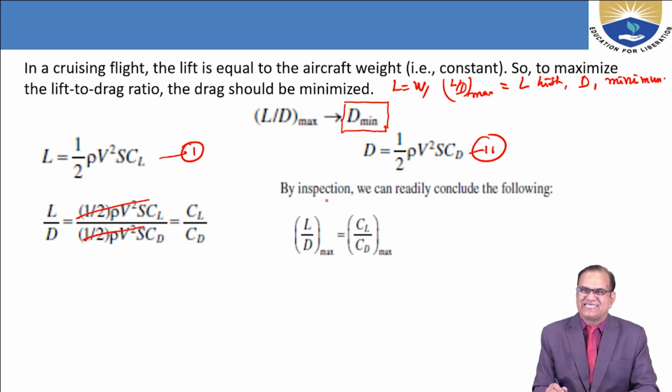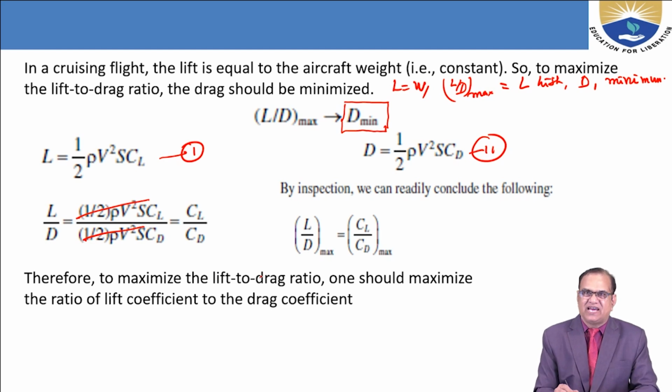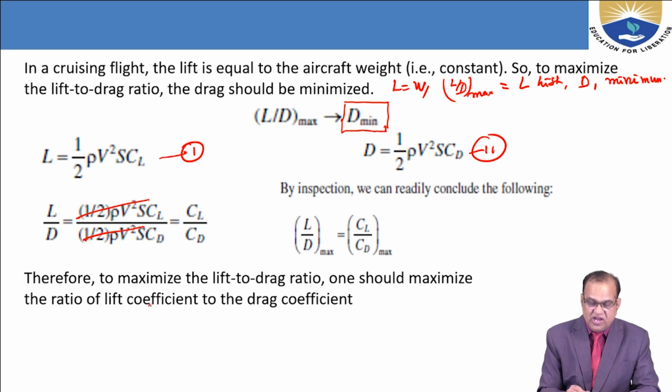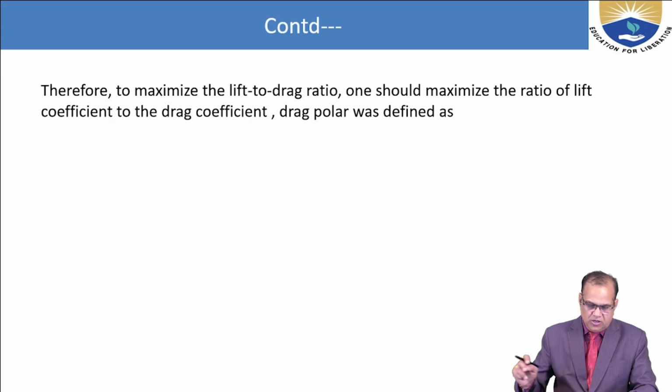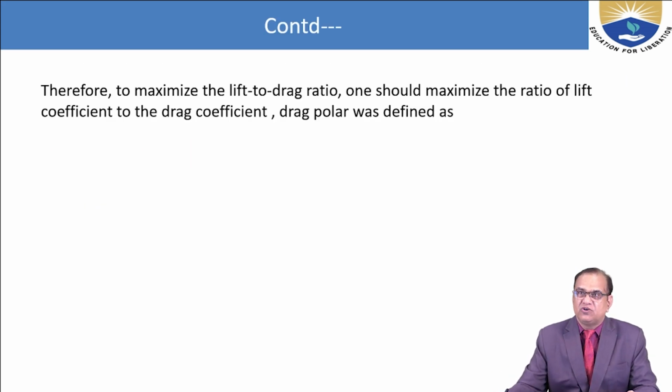By inspection, we can see that L by D maximum is equal to CL by CD maximum. Therefore, to maximize the lift to drag ratio, one should maximize the ratio of lift coefficient to the drag coefficient.